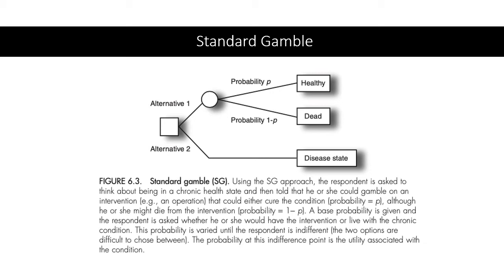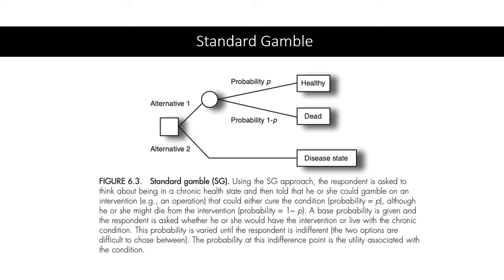The respondent is asked to think that he's in a chronic health state and there is one intervention to cure his condition. That is alternative 1, or he can remain in the disease state, that is alternative 2.